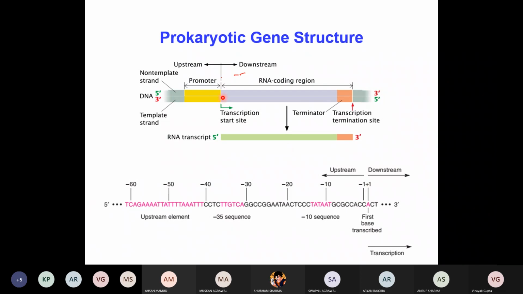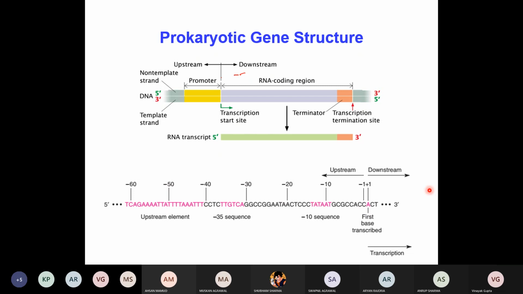And upstream of that, those nucleotides are numbered in minus. You can see the first nucleotide from where the transcription is starting is A, shown in the pink color. So it is +1 position from where transcription starts. If you move upstream, those are -1, -2, -3, -4, -10, like that. The numbering goes on. And downstream, you will have the plus system, +2, +3, +4, +5.